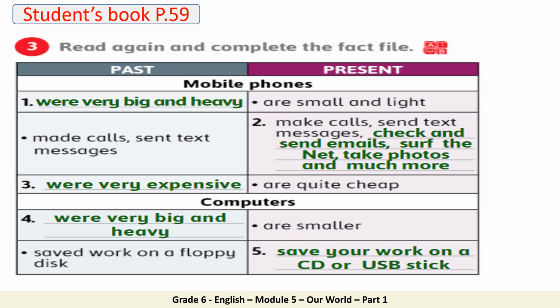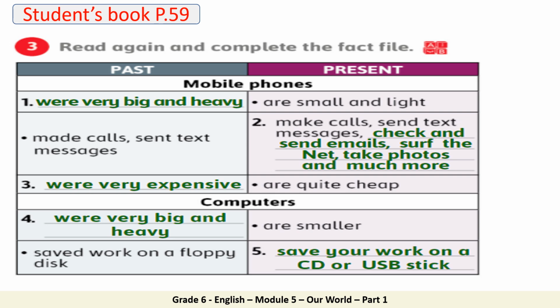And in number 2, the mobile phones in the present, right column, we have to make calls, send texts, messages, check and send emails, surf the net, take photos, and much more. All right, and let's go to the left column, number 3. Mobile phones in the past were very expensive.